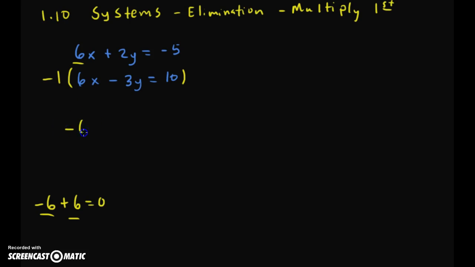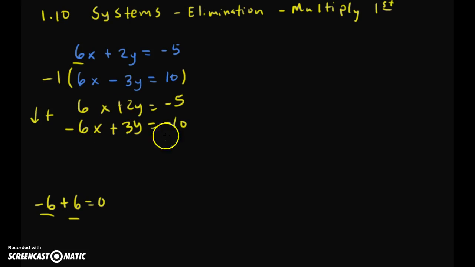When we multiplied one of the equations by -1, that 6 went from positive to negative, and we got something like -3y equals -10, and then we brought down 6x plus 2y equals -5, and we added straight down.